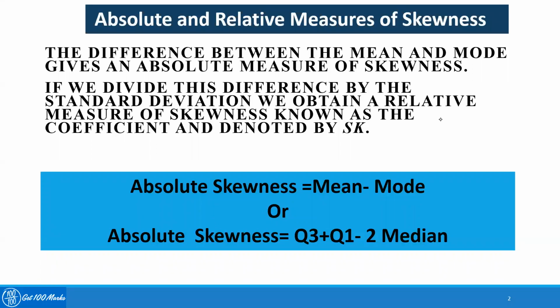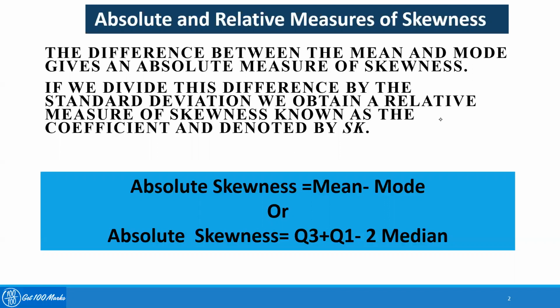Basically, we measure the absolute measure of skewness by the difference between the mean and the mode. As we know, in a symmetric distribution, mean and mode lie at the same point. If there is skewness, mean and mode will not lie at the same point, and the difference between these two gives an idea about the absolute measure of skewness.